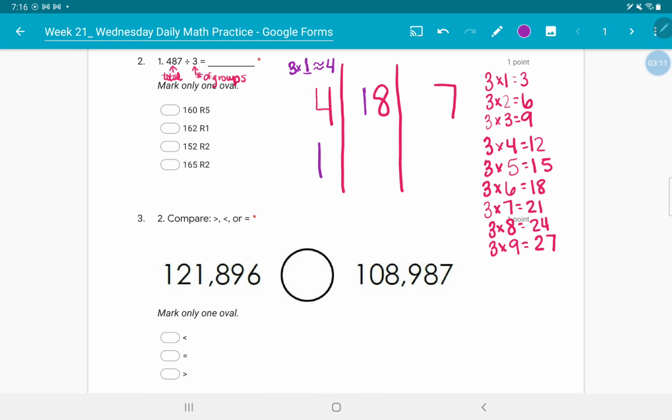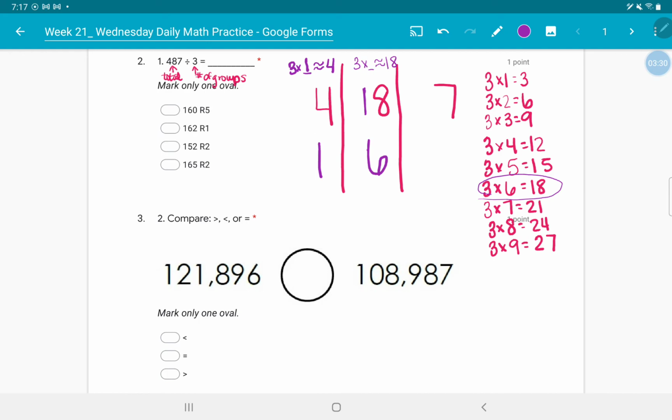Now I have 18. 3 times what number gets me as close as I can get to 18 without going over? Well, 3 times 6 is 18. So I'm going to use all 18 of those. I do not have any left.